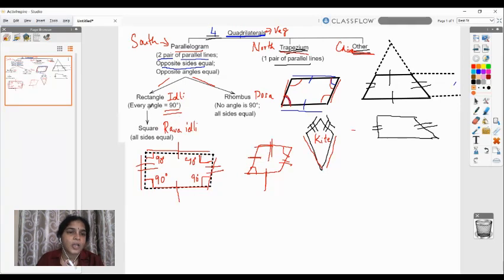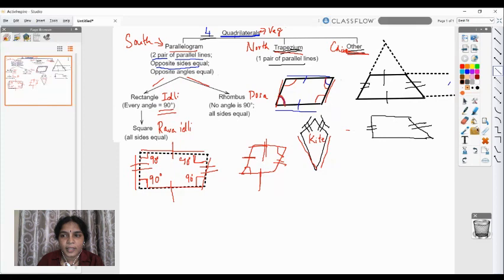Just like that. So now a rectangle had the features like opposite sides are equal, opposite sides are parallel, opposite angles are equal, all angles equal to 90 degrees. Along with all those qualities, we get one extra quality, called all sides are equal.